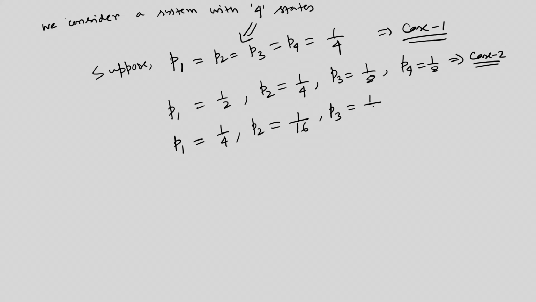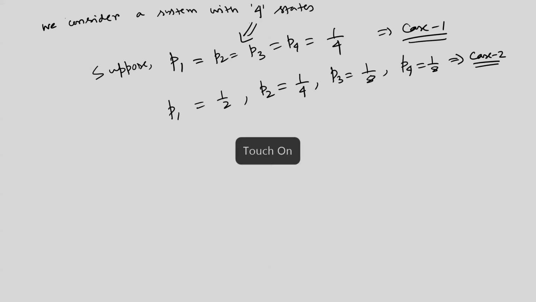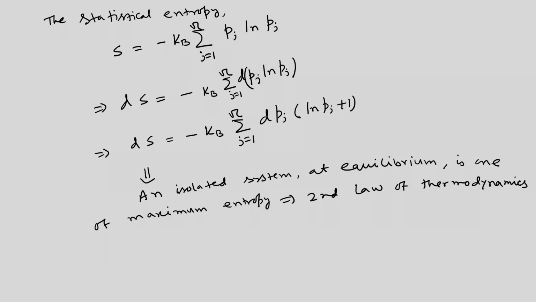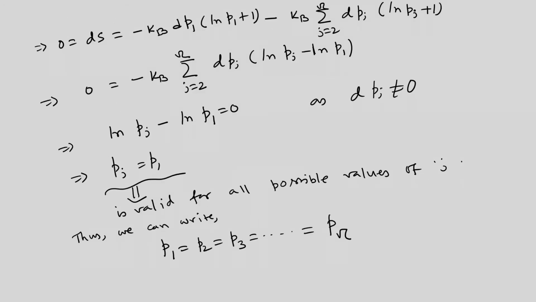We will consider only 2 cases, case 1 and case 2, and then we calculate the entropy. So, we know S. We have just seen the value of S is minus kB sum over j equals 1 to omega Pj ln Pj. So, we will use that expression here.